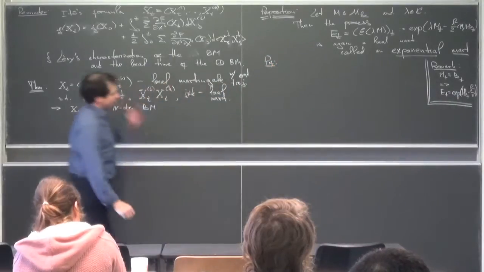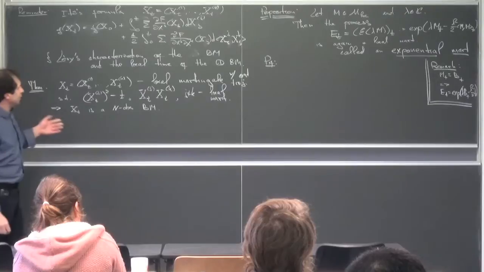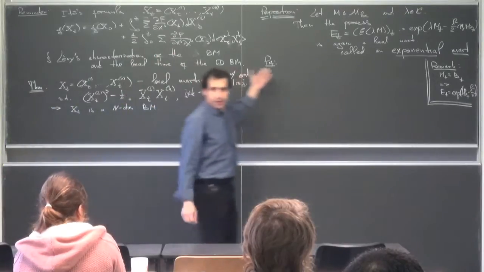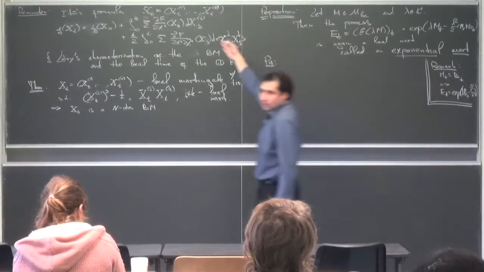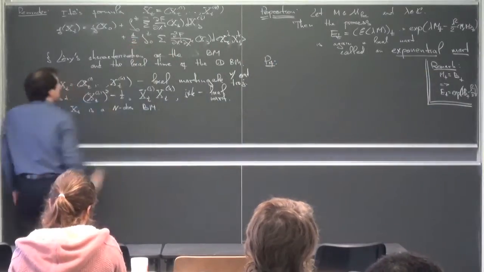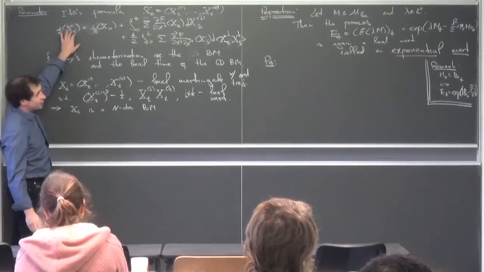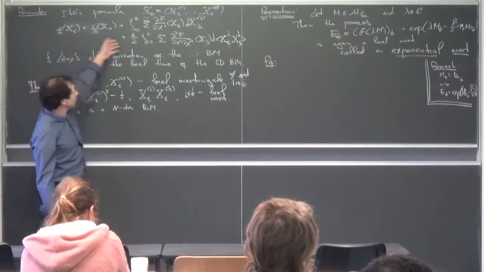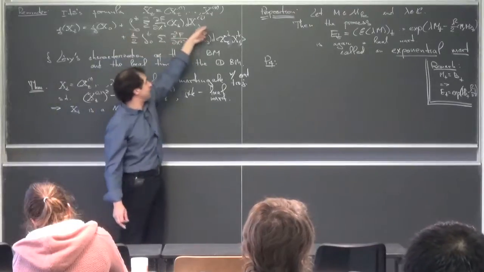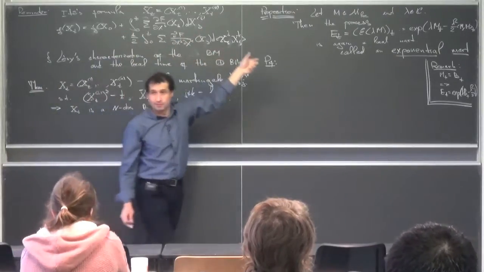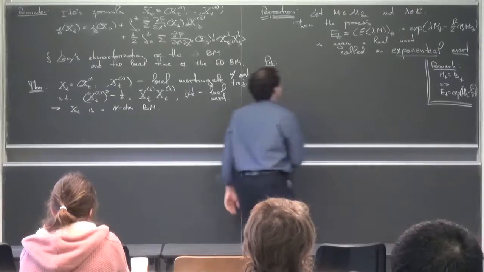And the proof, of course, cannot be anything but just a computation. We have this tool, right? We know how to proceed if there is a function of a semi-martingale. It's again a semi-martingale, and we know how to compute its martingale part and its bounded variation part. So it's just a trivial computation.